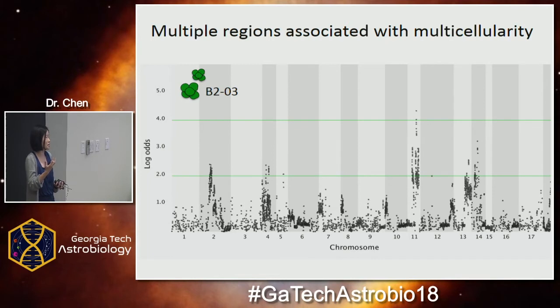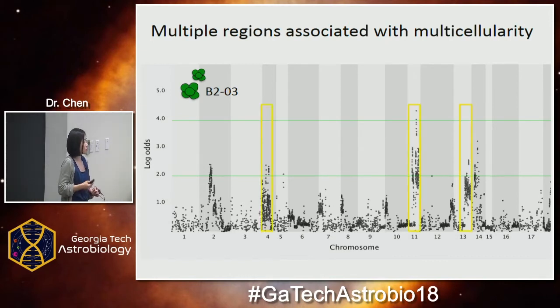The higher the dots are, the lower the chances are, and the more likely they are associated with the multicellular phenotypes. So you can see several peaks here, and 3 of them also match the mutations we identified through the whole genome sequencing approach. And then there are also a couple of other peaks, suggesting certain genetic background is important for those new mutations to arise.